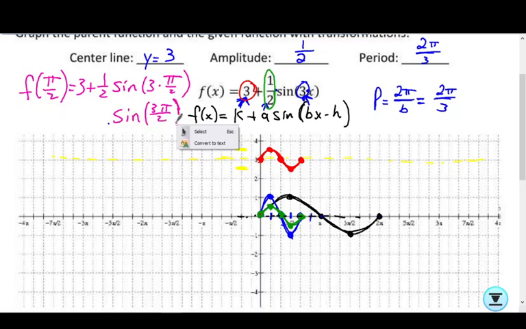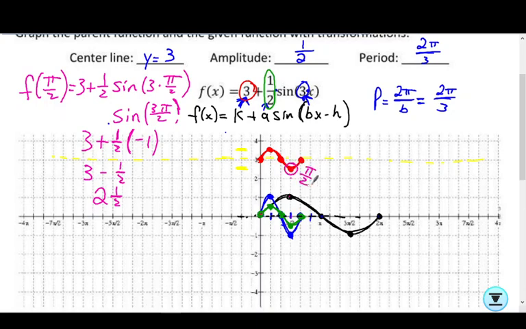What is sine at 3 pi over 2? It's -1. So that means we're taking 1/2 times -1. So this is 3 minus 1/2, which is 2.5. So if I go over here to pi over 2, 1, 2, 2.5. So this is the point pi over 2, 2.5. And it checks out. We're in the right place.